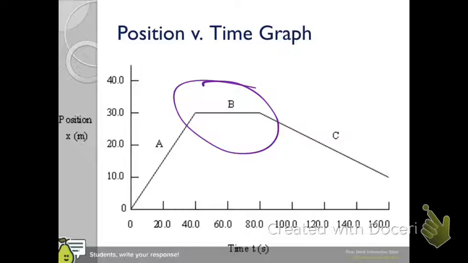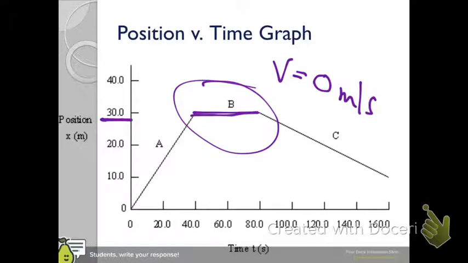What's my velocity during B? Is my position changing during B? And so if my position is not changing, that means I don't have any velocity, right? I'm standing still during part B, so my velocity is equal to 0 meters per second.